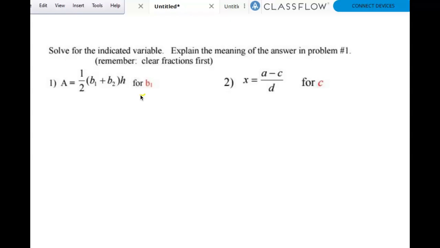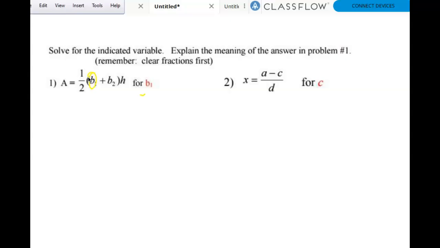B1, that's right here, right? So the goal is I want to get the B1 by itself. So that means I have to move everything that's with the B1 to the other side.